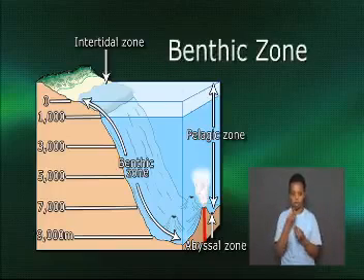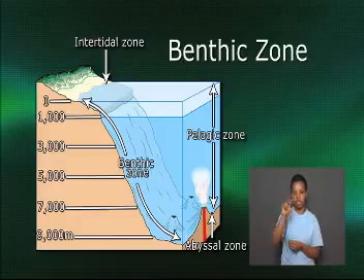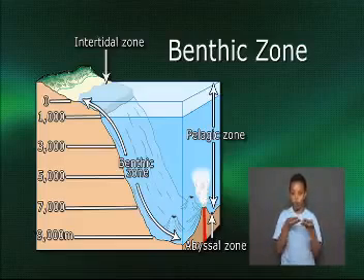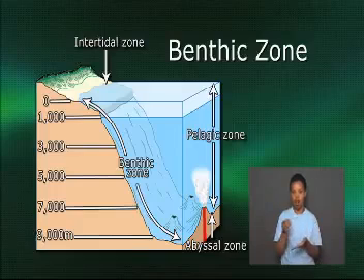The benthic zone is the area below the pelagic zone. However, it does not include the deepest part of the ocean. The bottom of this zone consists of sand, silt, and dead organisms.